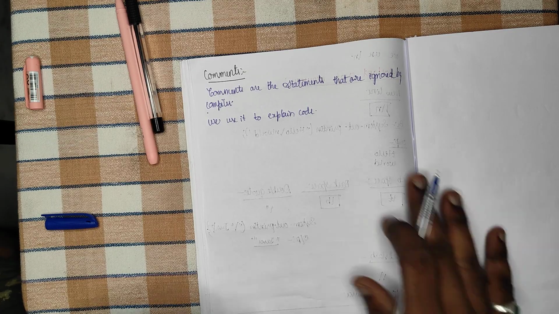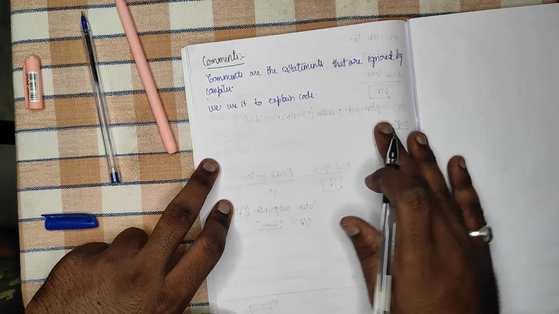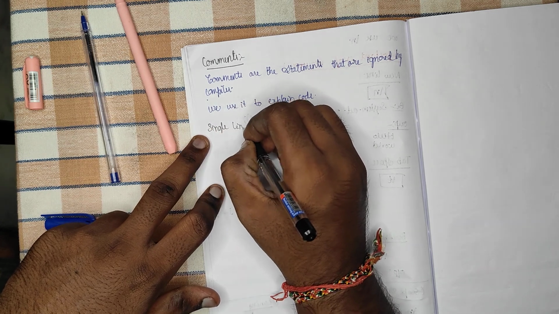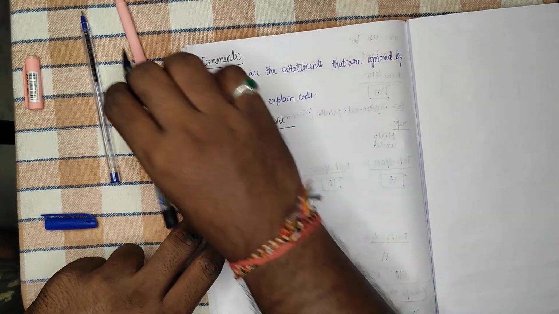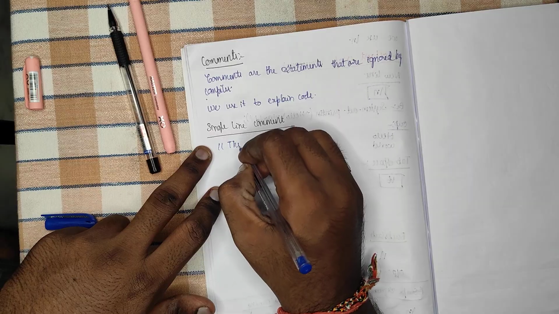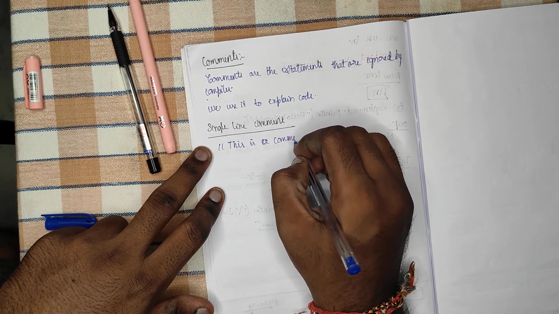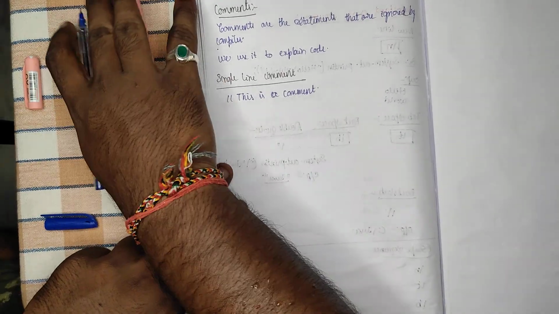So single line comment means this is a comment. I've told you the comments are the statements that are ignored by the compiler. So this is the type.